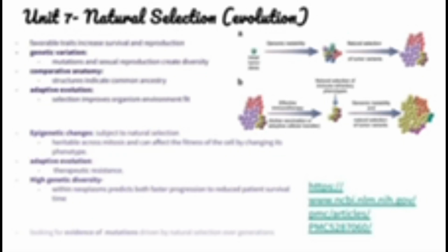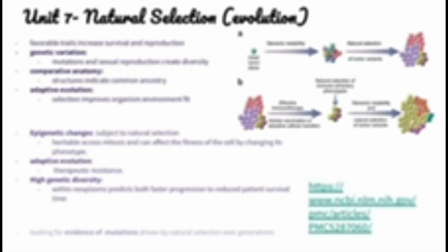My team is focusing on epigenetic changes, which are subject to natural selection and heritable across mitosis, and can affect the fitness of cells by changing their phenotype. These drive adaptive evolution and therapeutic resistance.